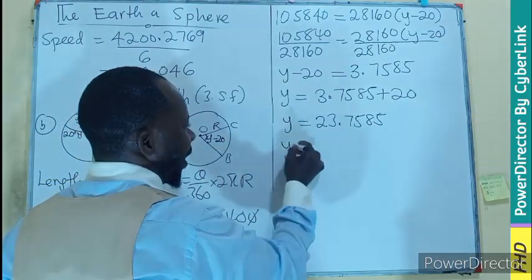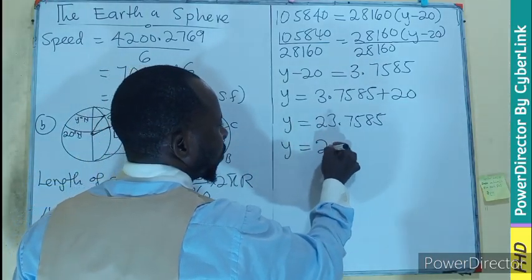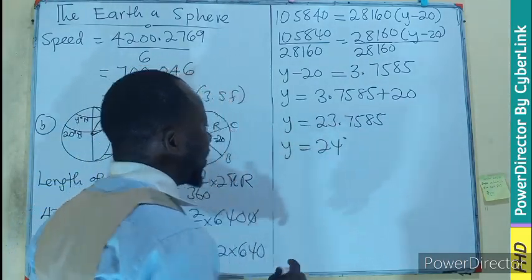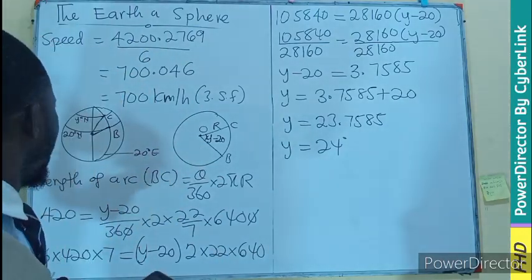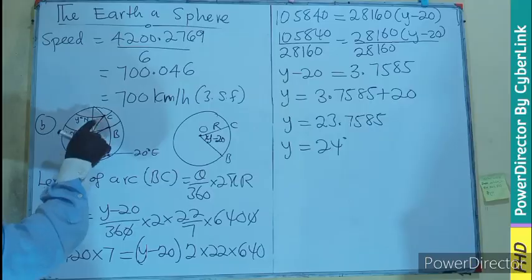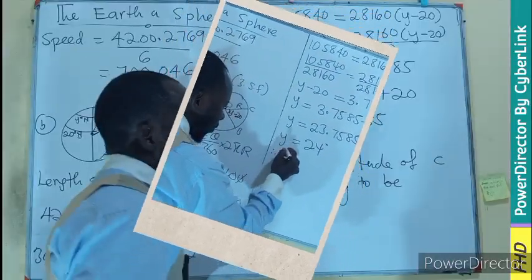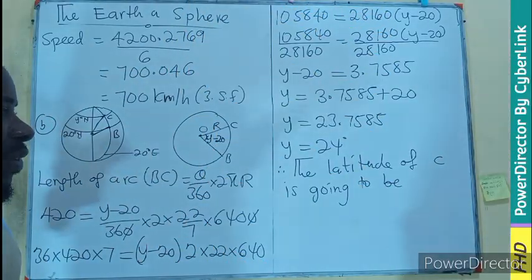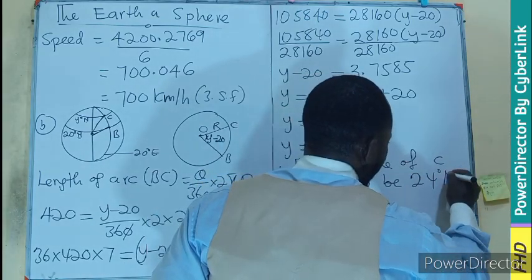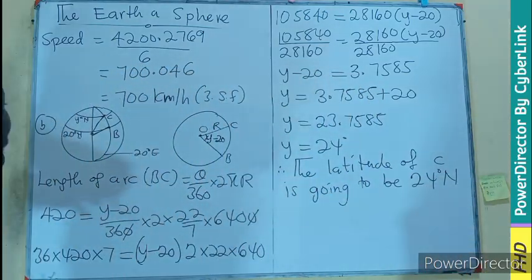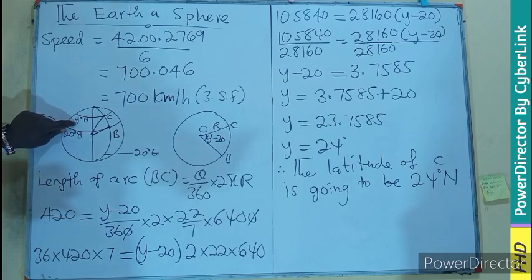So our y is going to be 24 degrees. But don't forget, it is moving to the north. So we can say that the latitude of C is going to be 24 degrees north, based on the diagram we have here. 24 degrees what?